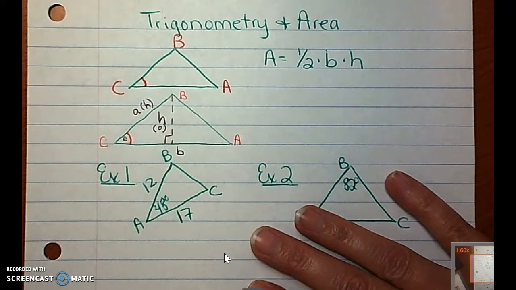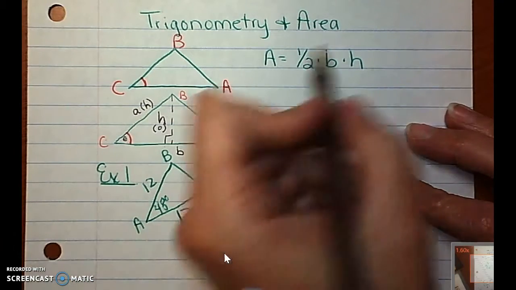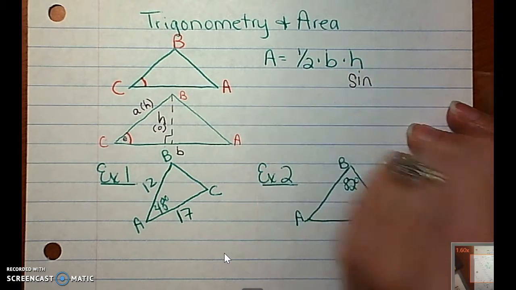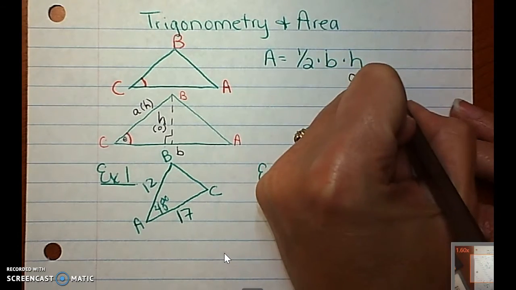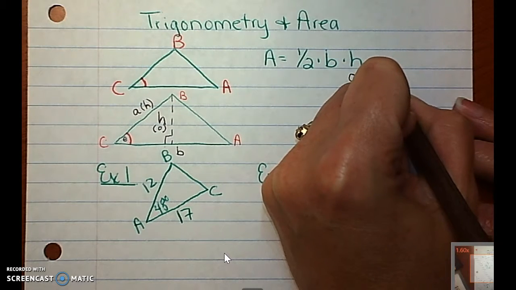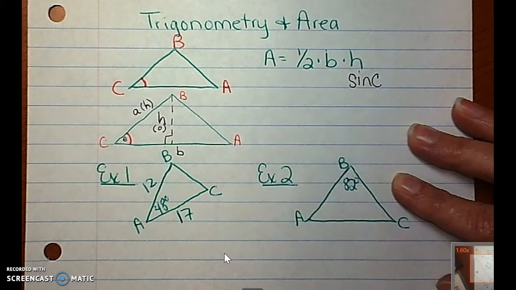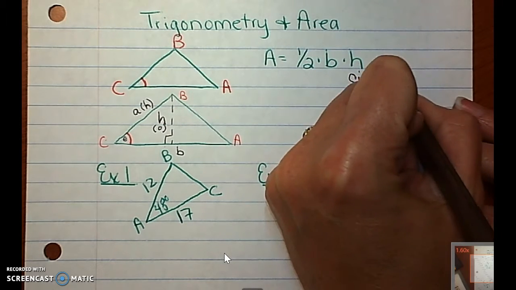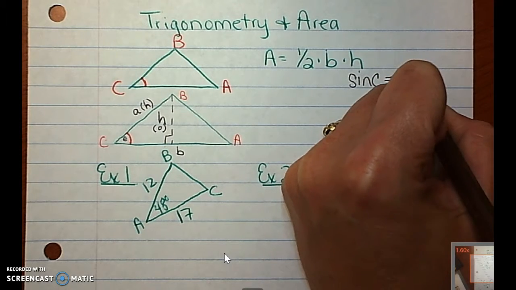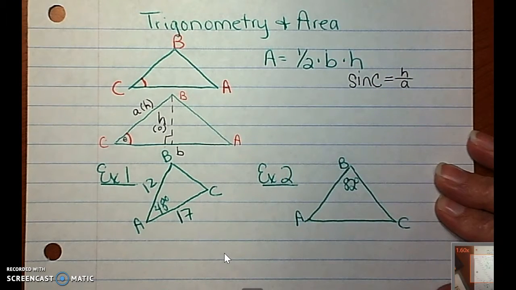And the height could be found by taking the sine, because sine uses opposite over hypotenuse, of my theta, which is going to be angle C, and that's going to equal opposite, which is my height, over my hypotenuse, which is my side A.